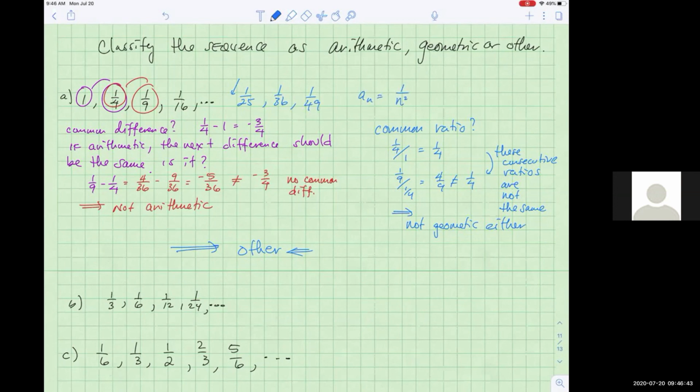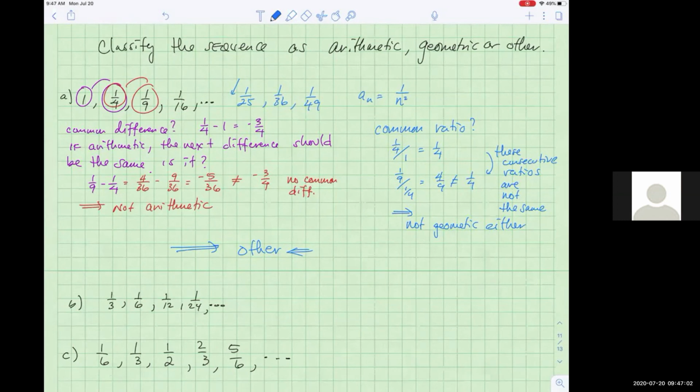So it's 1 over the term position squared, right? The first term is 1 over 1 squared, the second term is 1 over 2 squared, and the denominator keeps going up as a perfect square. Anyway, this is neither arithmetic or geometric, but there is a pattern.